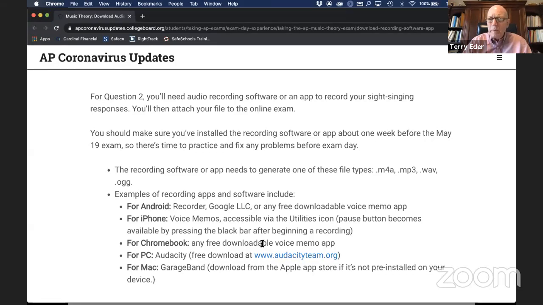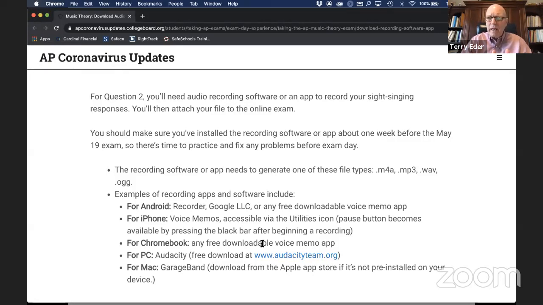Most people use MP3s. I think some recording software uses M4As. That's fine. If you decided to use Audacity, I'll talk about that in just a minute, that automatically will export WAV files. If you wanted to export MP3s from Audacity, you would have to download another piece of software.